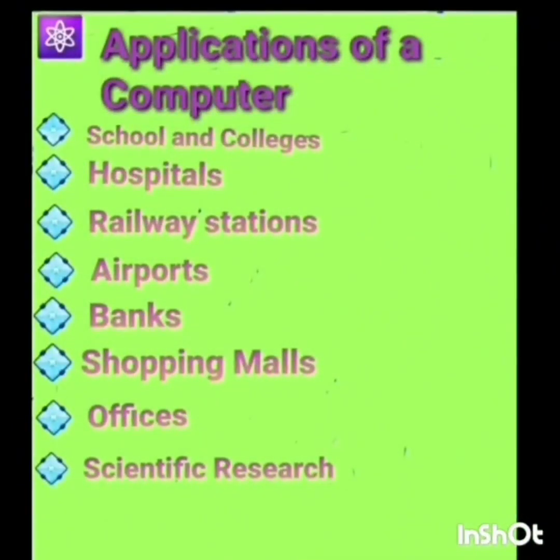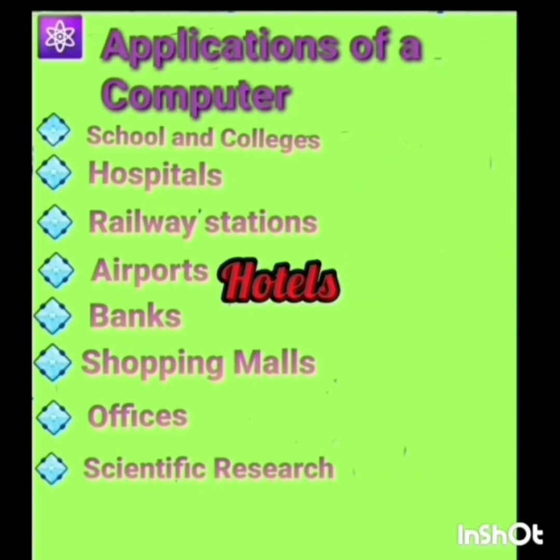Okay. Now see the applications of a computer. Computers are used in different places for different jobs. First, schools and colleges. Second, hospitals. Third, railway stations. Fourth, airports. Fifth, banks. Sixth, shopping malls. Seventh, offices. Eighth, hotels.